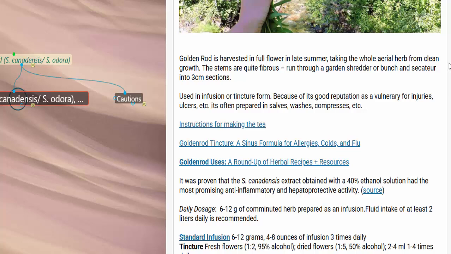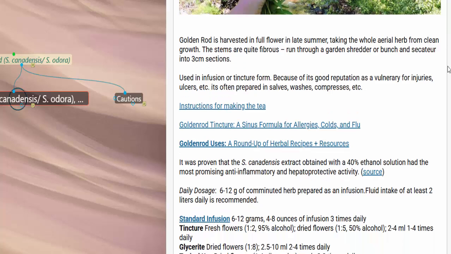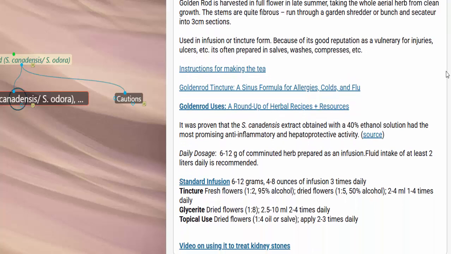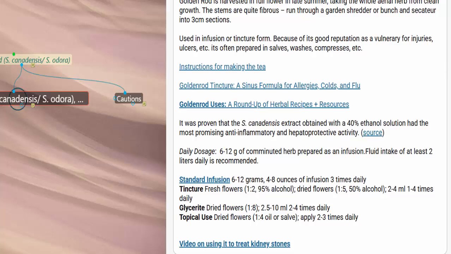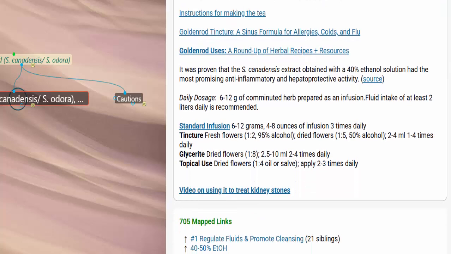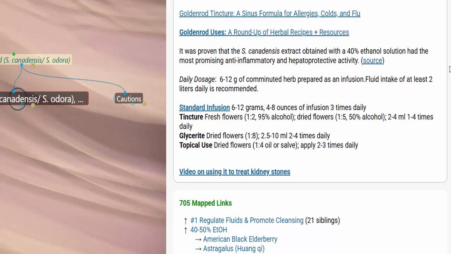Because of its good reputation as a vulnerary for injuries, ulcers, etc., you could prepare it in salves, washes, compresses, etc. Here are links to some instructions for making a tea, a tincture, a roundup of herbal recipes, and as mentioned before, it was proven that Solidago canadensis extract, obtained with 40% ethanol solution, had the most promising anti-inflammatory and hepatoactivity.